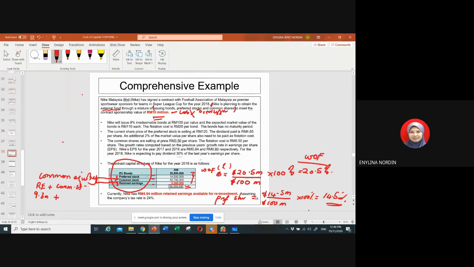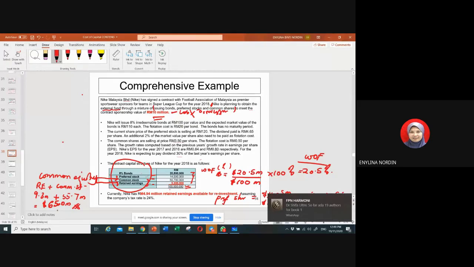Common stock amount 55.7 million. So you total up, you will get how much here? 65 million. So out of 100 million, 65 million is contributed by these two components.